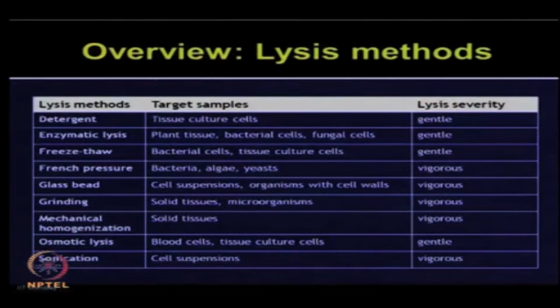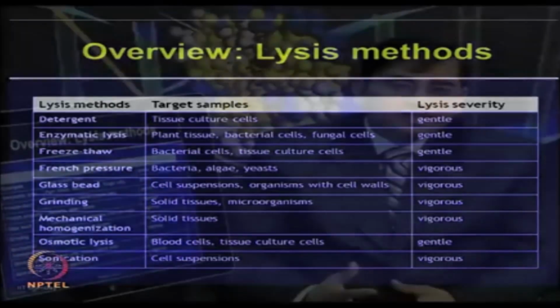Osmotic lysis can be used for blood samples and tissue culture cells, which is a gentle lysis method. Sonication can be used for cell suspensions and bacterial samples, which is another vigorous lysis method. I hope these methods give you some options to lyse your cells effectively.